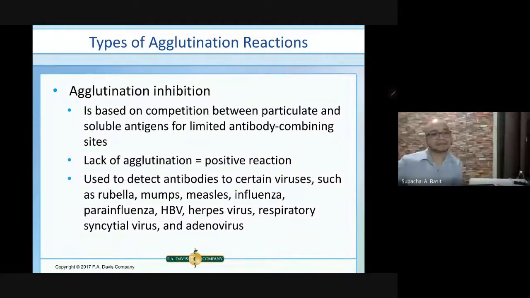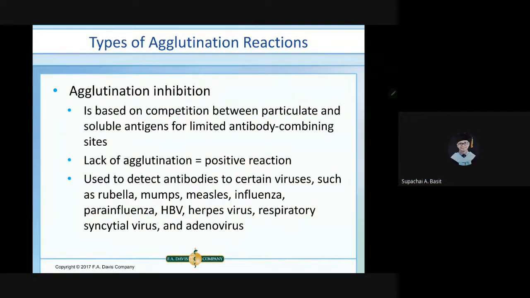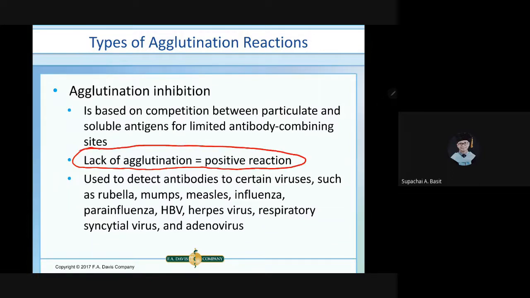Okay, so let's talk about agglutination inhibition. This is what you have to remember about it. The keyword here is inhibition, meaning that no agglutination, or lack of agglutination, is considered a positive reaction. How does it happen?